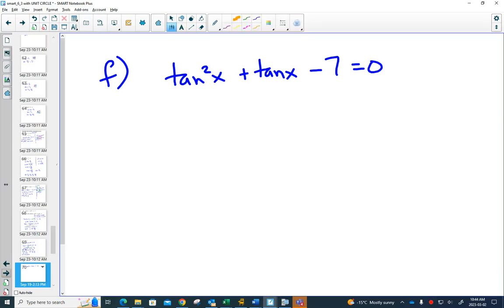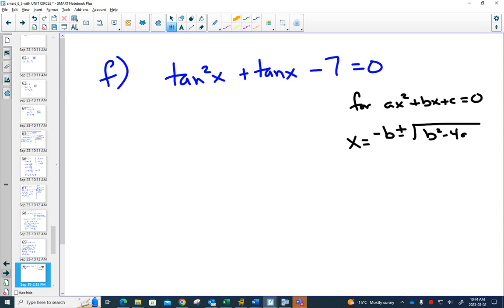Quadratic formula is on your formula sheet. On your formula sheet, you would have your quadratic formula.